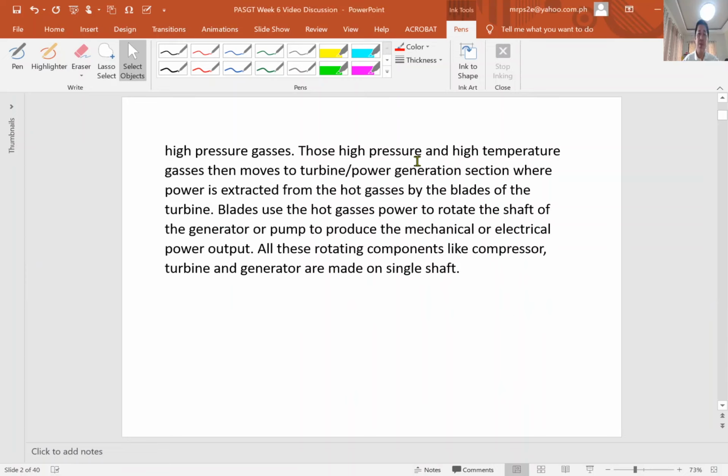Those high pressure and high temperature gases then move to the turbine power generation section, where power is extracted from the hot gases by the blades of the turbine.